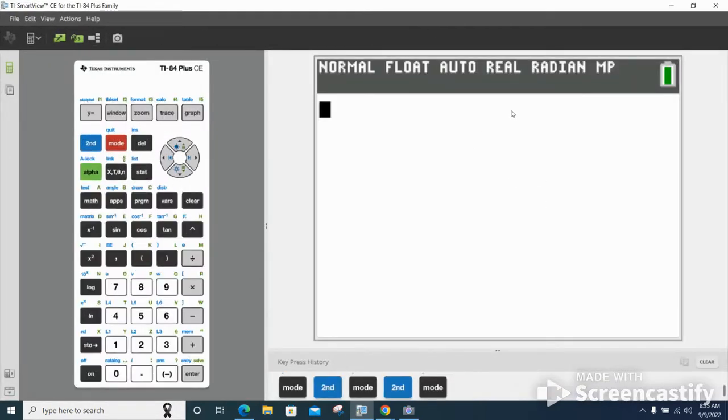You may have a bunch of stuff on the screen. What I want you to do is just hit this button that says clear. When you do that, you'll get this on the screen.